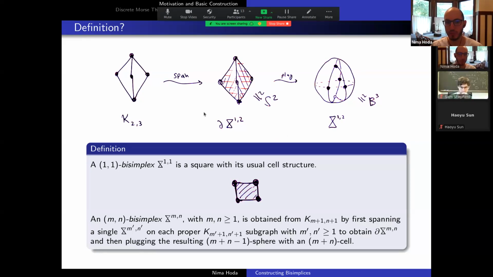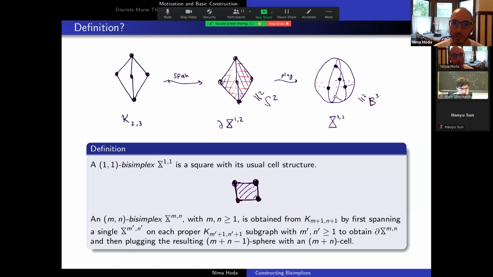That gives us what we call the boundary of the m-n bisimplex. Then we take the resulting sphere of dimension m+n-1, and we plug it with a cell of dimension m+n. And that's how we construct bisimplices.